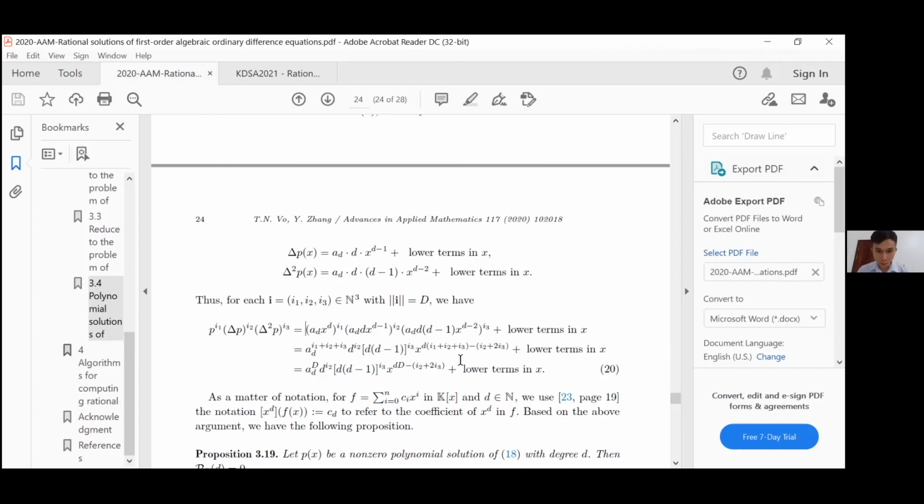And you see, after some steps, the terms containing I1 will be grouped together, and it becomes I1 plus I2 plus I3. Right. So I1 appeared in the sum I1 plus I2 plus I3. However, our polynomials are homogeneous, so this sum will be the same. Right. Okay, thanks. That's the first thing. Yeah. The second thing, why we have d times d minus 1 in the difference operator.